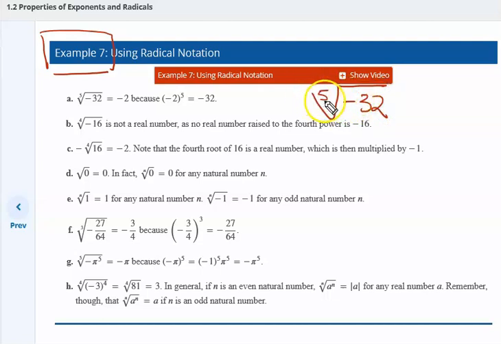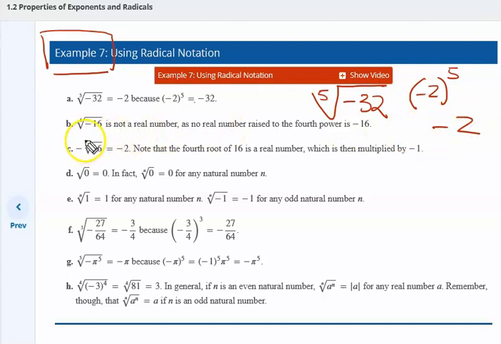If this were an even index number, you can't have a negative value under the radical sign. This would not be a real number. But having a negative value for an odd index number is okay. And this is negative 2 to the fifth power, converting that. And the answer would be negative 2.